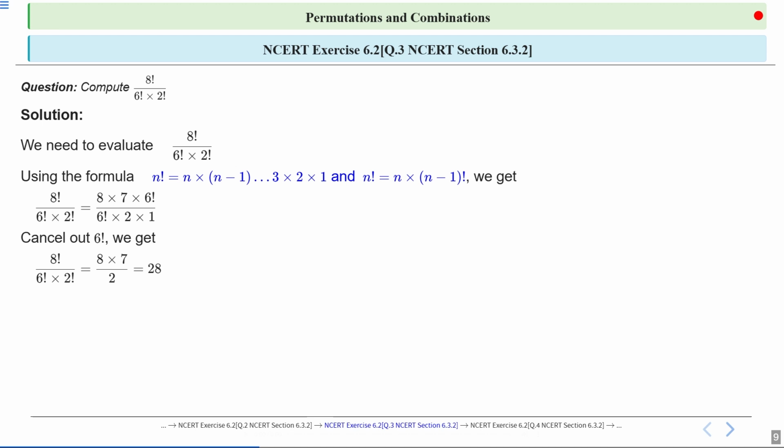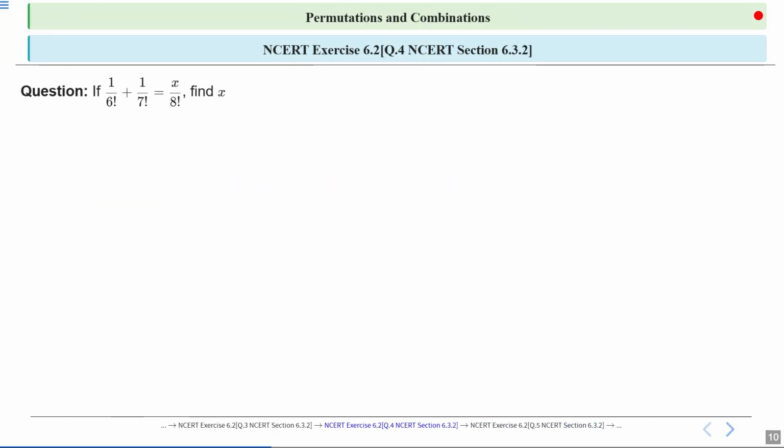Okay, so let's now move to the next question. In this question we have the equation 1 by 6 factorial plus 1 by 7 factorial is equal to x upon 8 factorial, and we need to solve this to find the value of x.